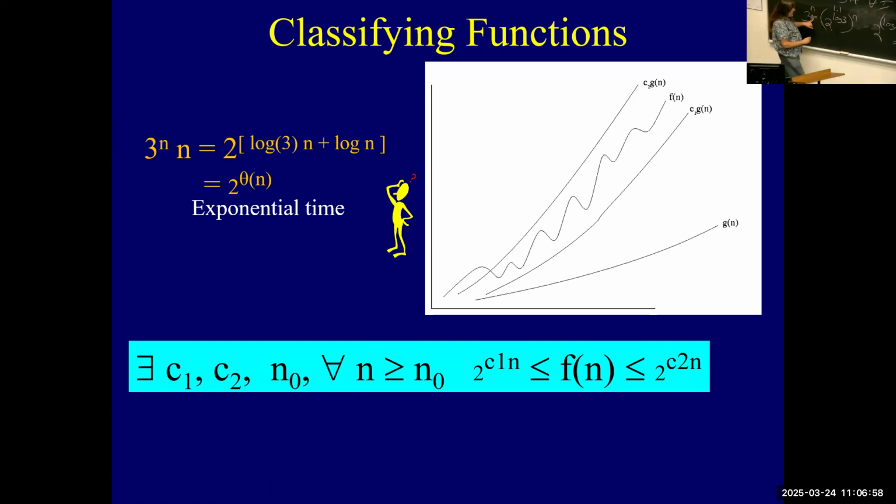Now we also have an n here. What do we do with n? Well, n is 2 to the log n. Everybody got 2 to the log n? What's 2 to the log n?